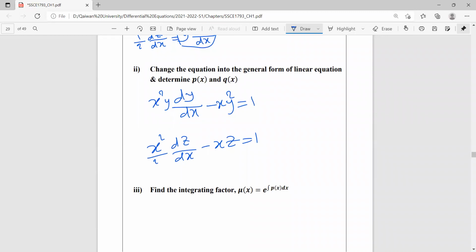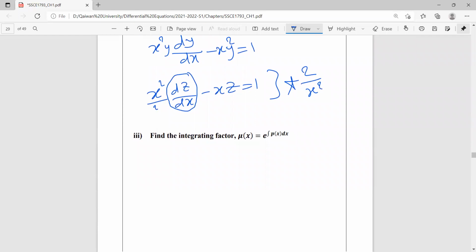And we said the coefficient of this derivative must be 1. That's the condition for a linear differential equation. So we divide both sides by x squared and multiply by 2, both sides, I mean.